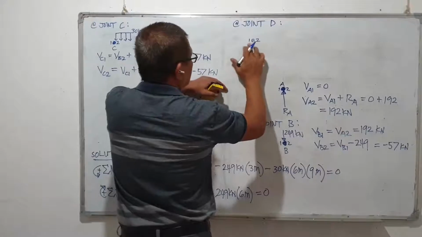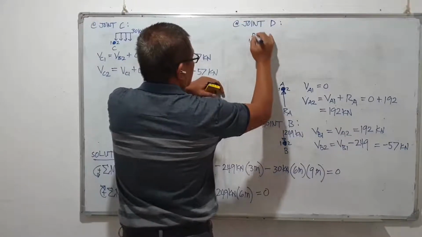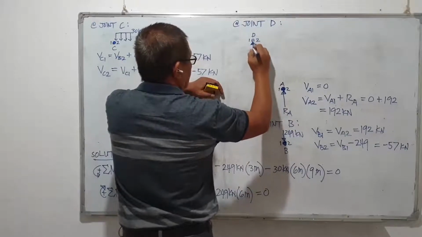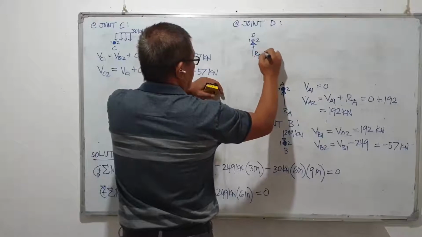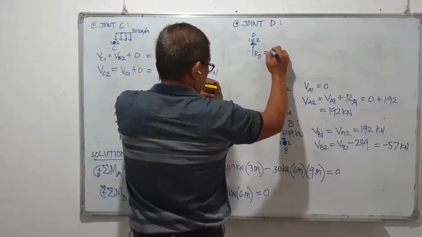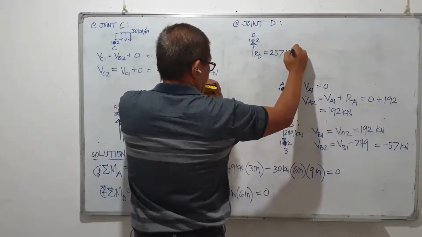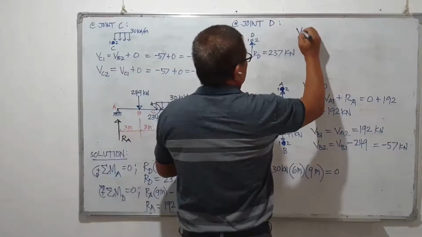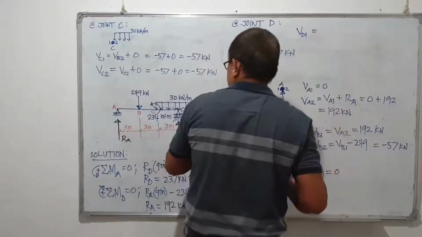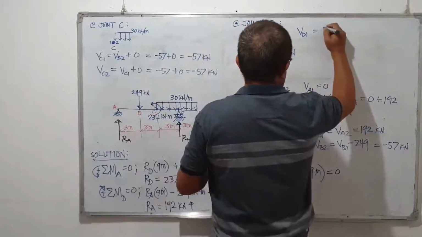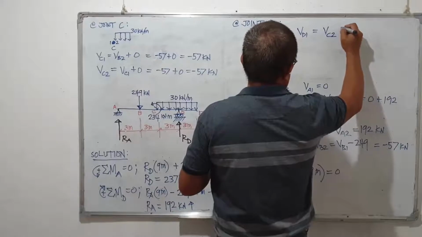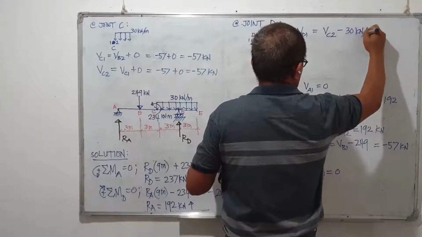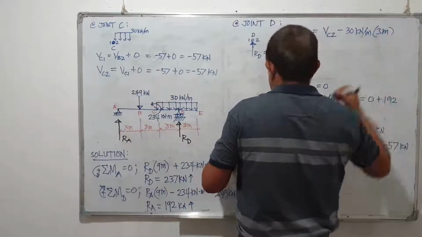At point D, we have the load, R sub D, which is equal to 237 kilonewtons. So shear at D, we take to the left, is equal to the shear at C2 minus 30 kilonewtons per meter times 3 meters.